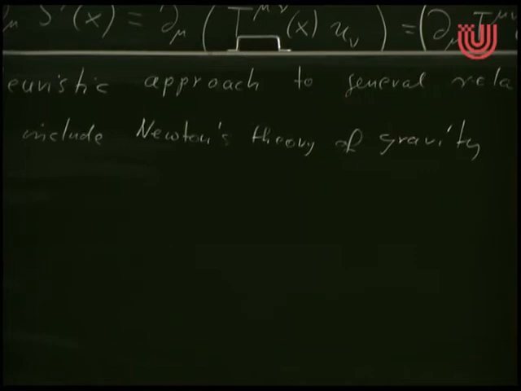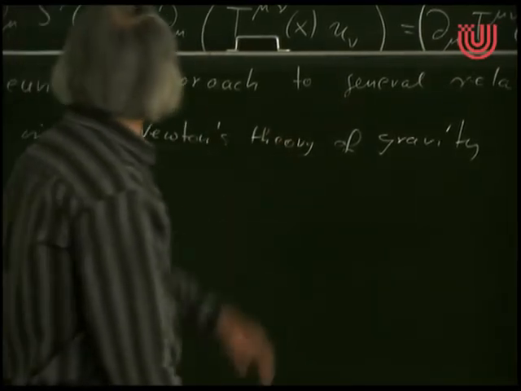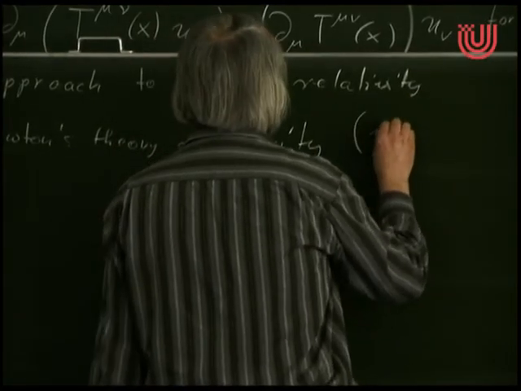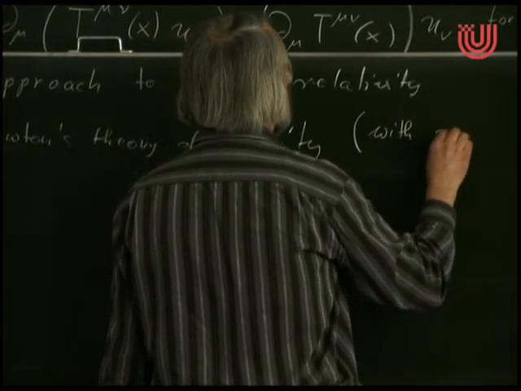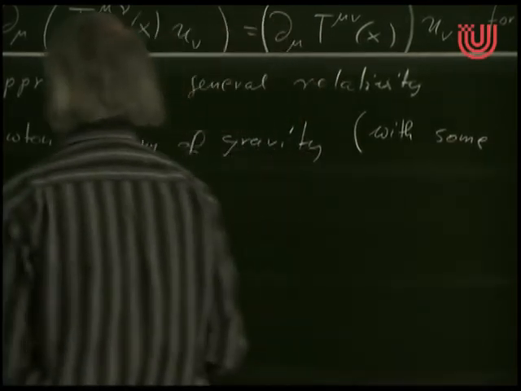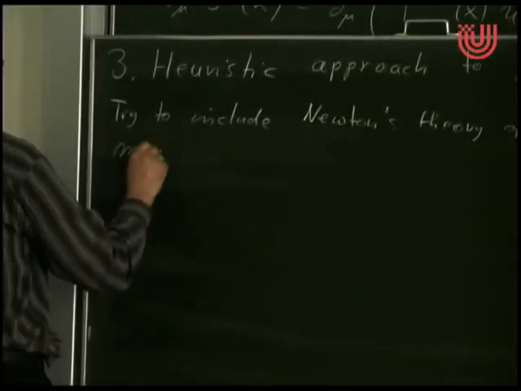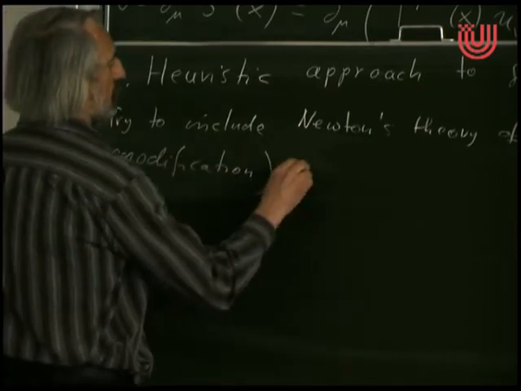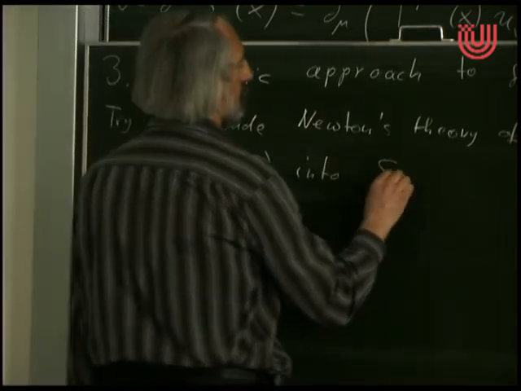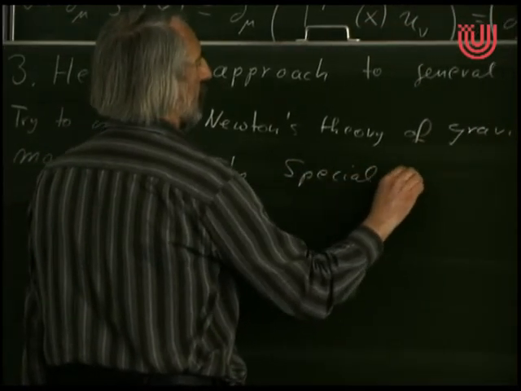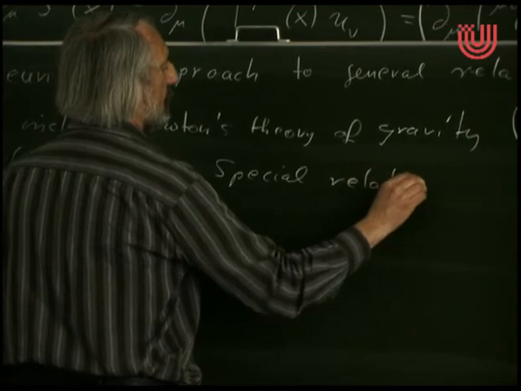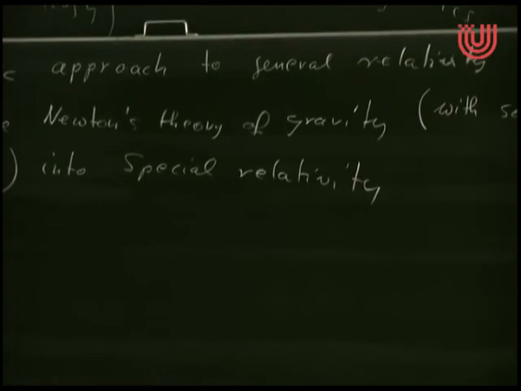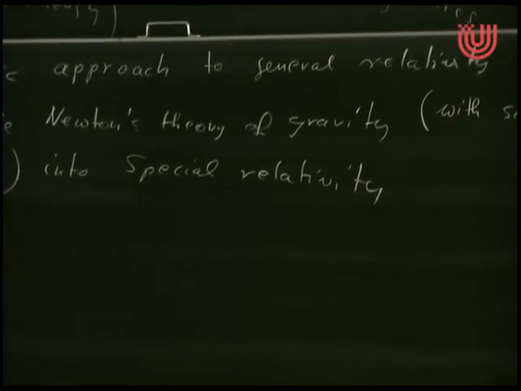So it's a very, very good theory. So try to include Newton's theory of gravity, maybe with some modifications for high velocities. You would expect maybe something of this sort. This would not come as a surprise. Into special relativity. And we will now discuss why this doesn't work, why we need something new, which is then called general relativity, in order to have a theory which describes gravity.